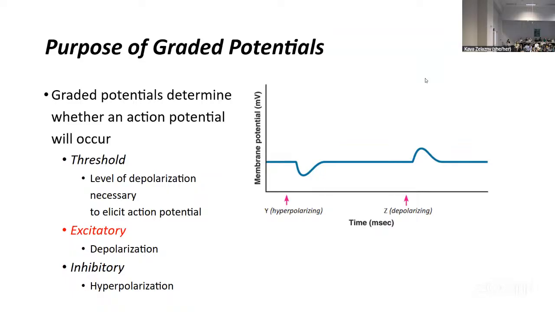So the point of thinking about graded potential, as we're thinking about the nervous system and neurons, is to figure out, is this neuron going to fire off an action potential or not? Because any neuron, think about your brain, is going to be connected to a lot of different other neurons. They're all firing together at the same time. They might have conflicting signals, they might be saying the same thing.